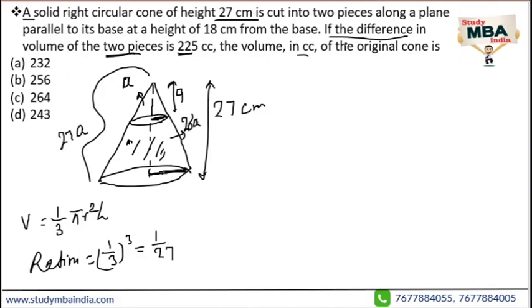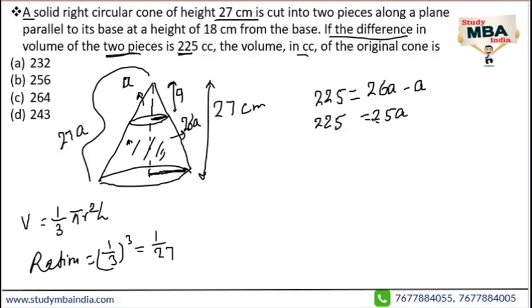And the difference between the two pieces is given, which is 225. So the difference, 26 times a minus a, which is 25 times a, is given as 225.